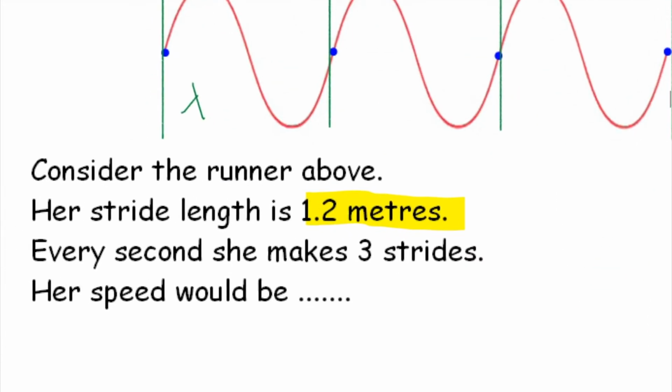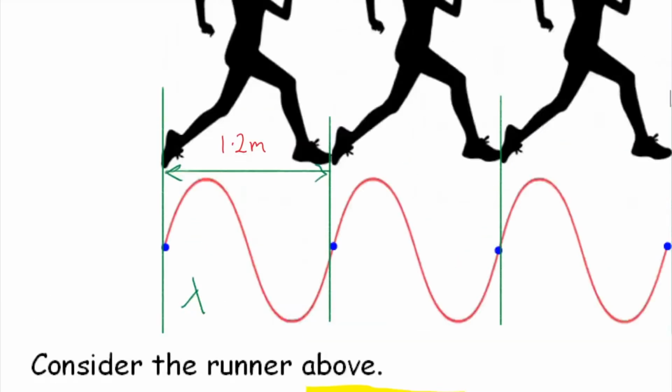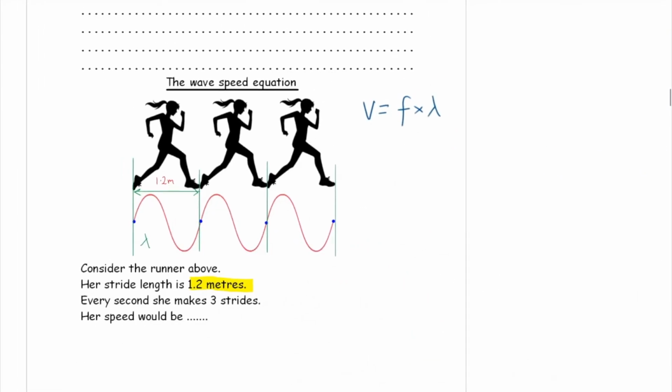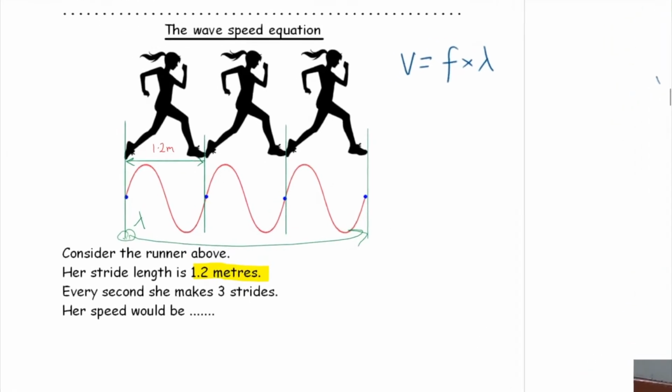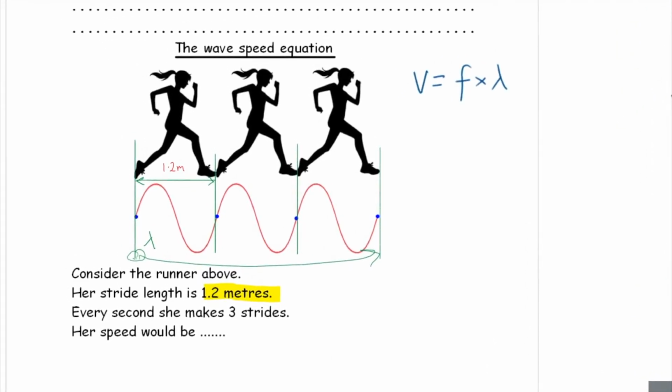Now, if every second she runs this total distance from here to here, then the distance she would travel in 1 second would be 3 lots of 1.2, which would be 3.6. So her speed would be 1.2 times 3 equals 3.6 meters per second.